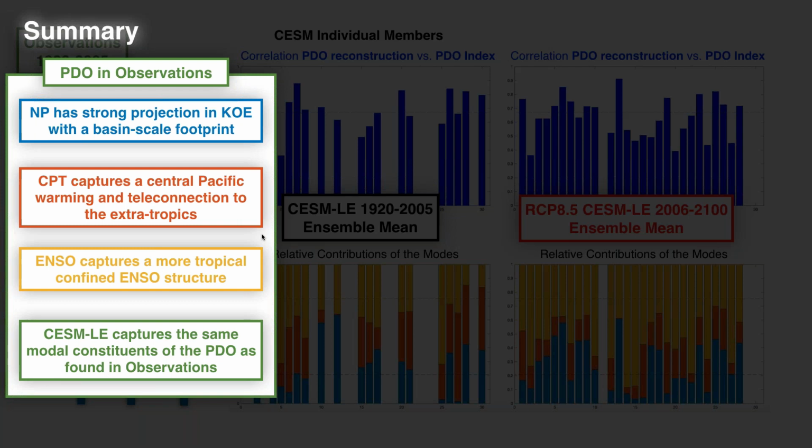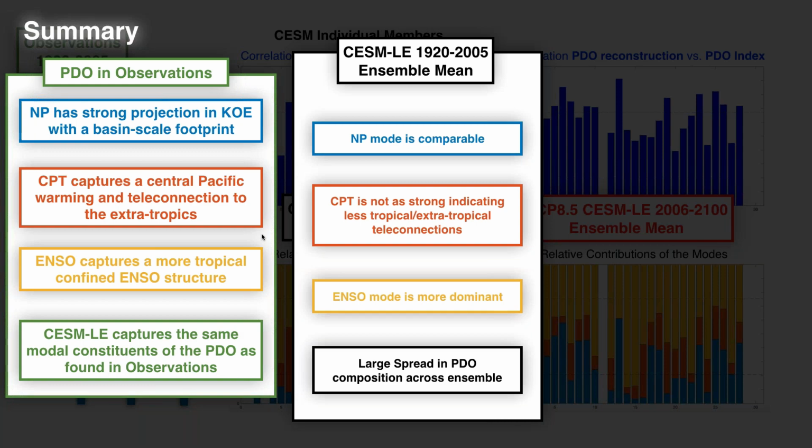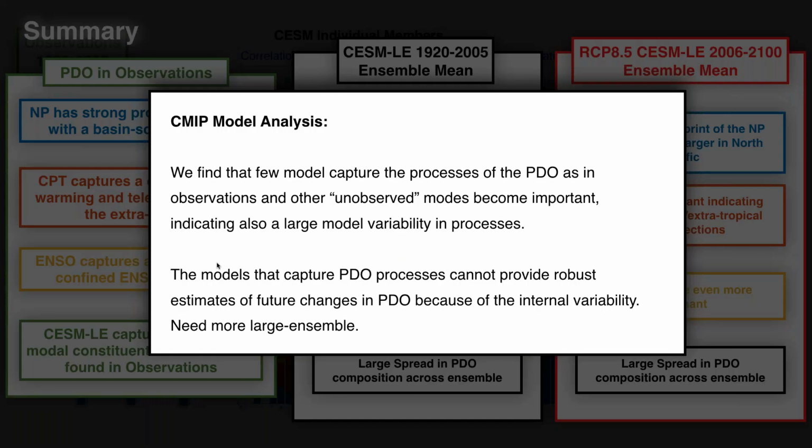We want to mention that we also calculated the 24 CMIP models, and we found that few models can capture the processes of the PDO as in observations, and other unobserved modes become more important, indicating also a large model variability in the processes.